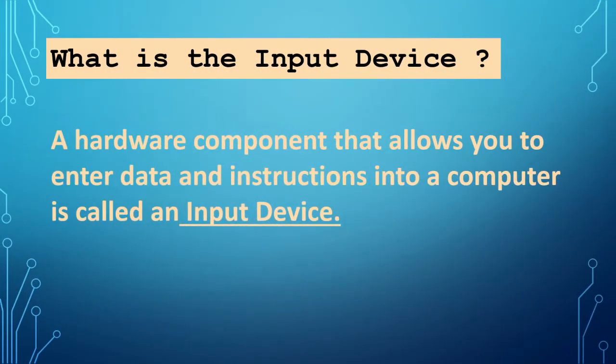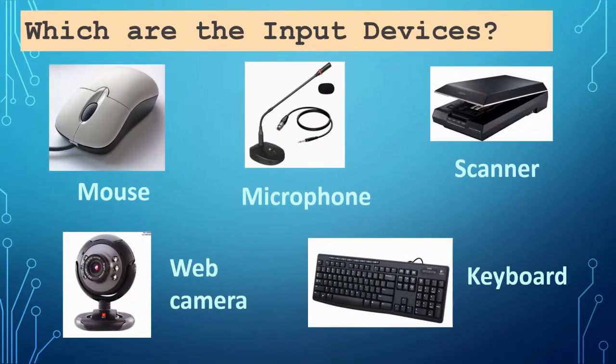Now students, let's learn what is input device. A hardware component that allows you to enter data and instructions into a computer is called an input device. Let's see which are the input devices.